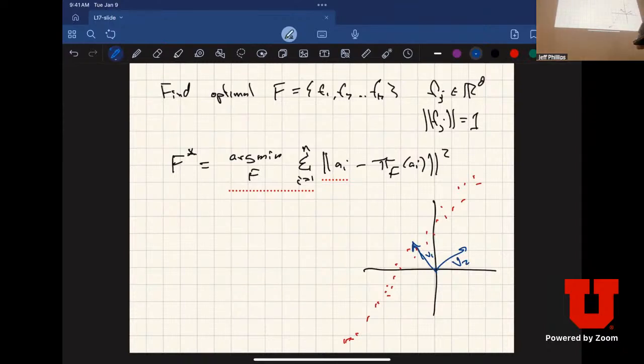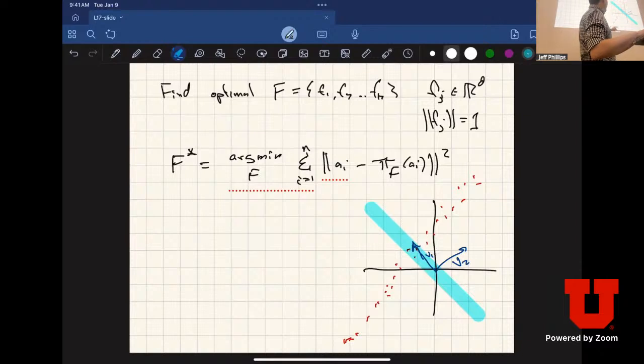Well, the SVD tells me that we need to project onto this subspace here, because this is the first singular vector. Okay, the first singular vector is going to kind of point in the direction which captures the most spread. And in this case, it's actually V1, not V2 here.